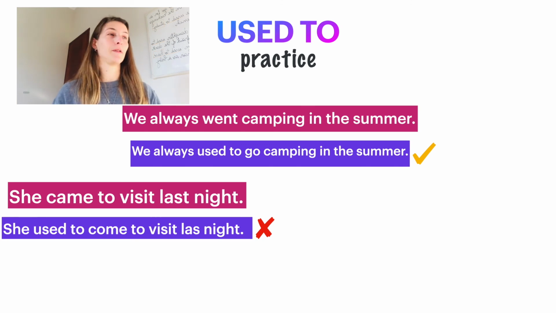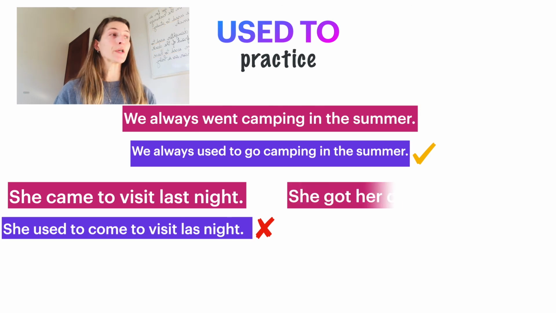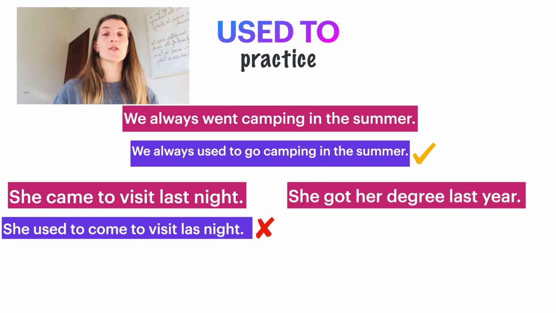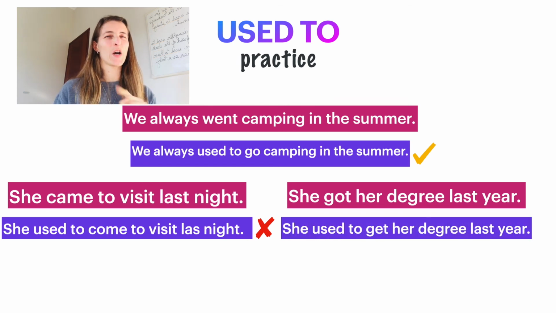Now, another example. She got her degree last year. Ella obtuvo su título, se recibió el año pasado. Last year is similar to last night. So, she used to get her degree last year. No, that is incorrect. You cannot say that. Sí lo podemos usar en pasado simple, pero con used to queda mal.